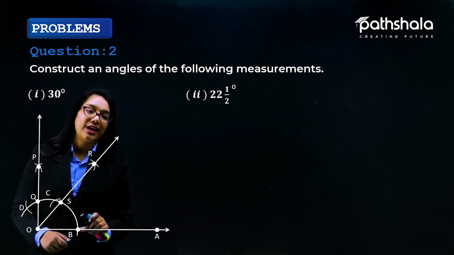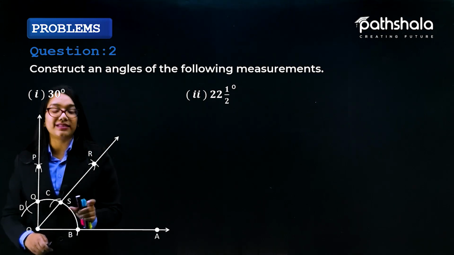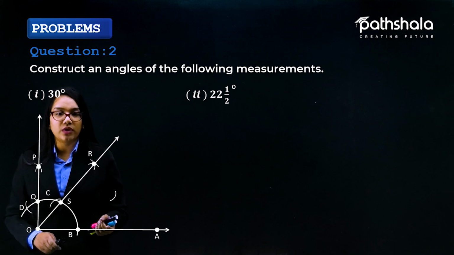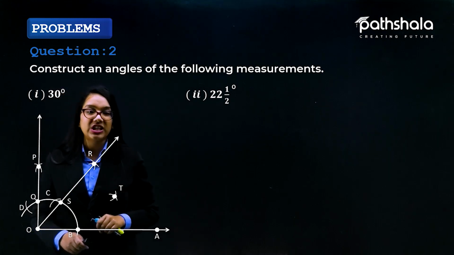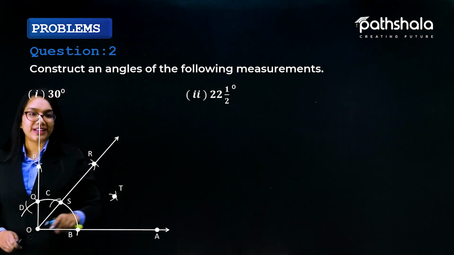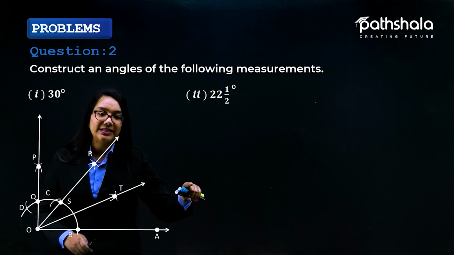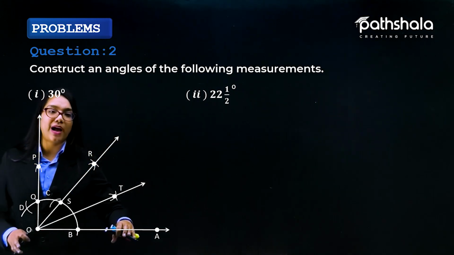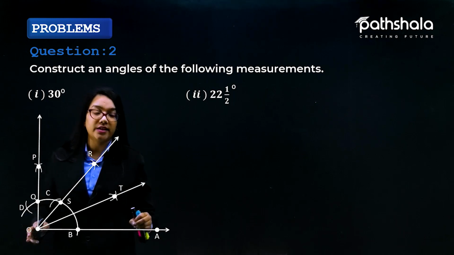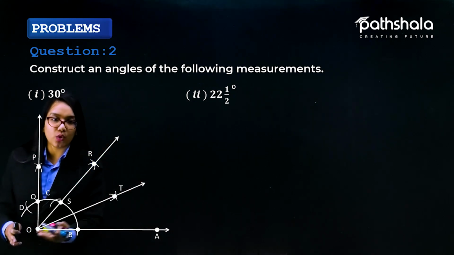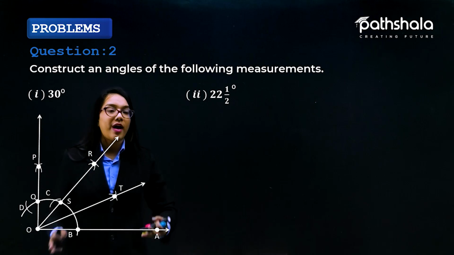Again we take B and S as the centers and mark arcs of equal radii such that these two arcs intersect, and let us suppose I'm calling this point T. Let's join this point T and O with a ray, and this ray is forming an angle of 45 by 2, that is 22 and a half. So this TOA is 22 and a half.